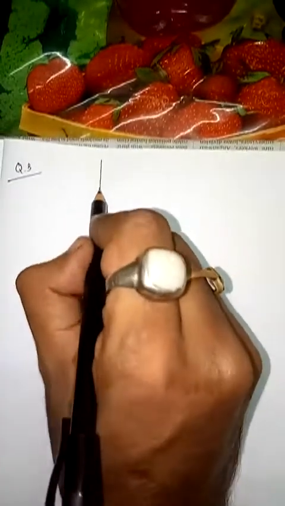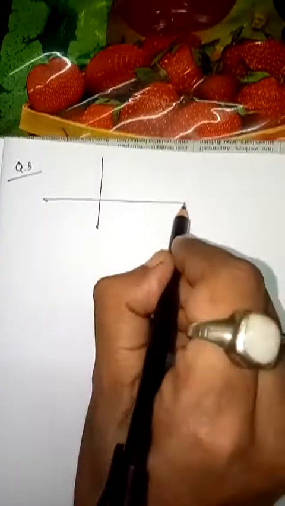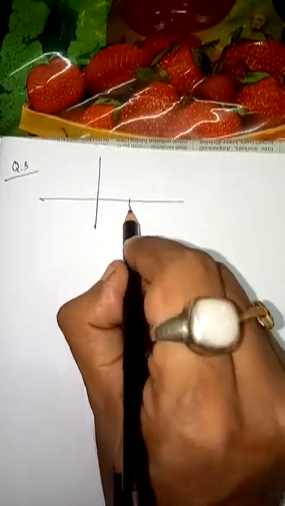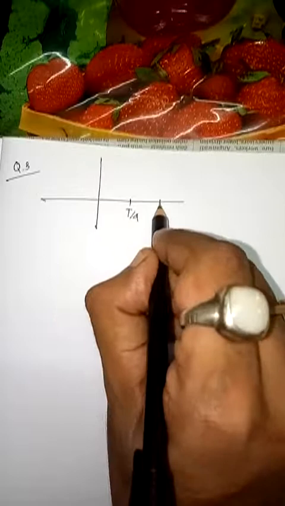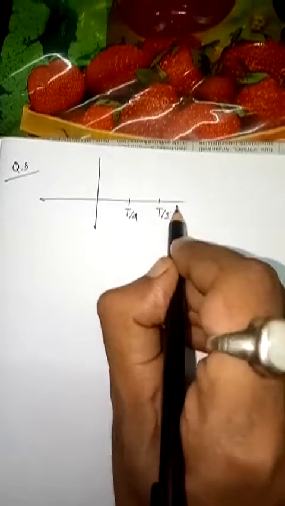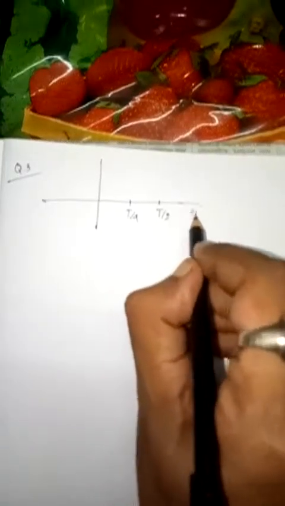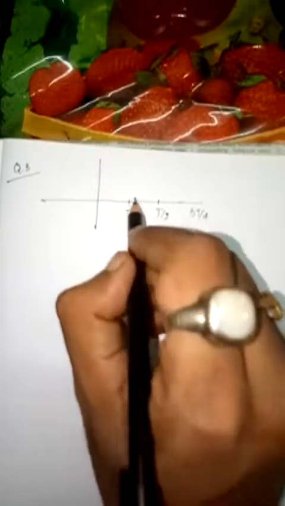Here another problem is given as question number 3. Here one basic waveform is given in this way, with points T by 4, T by 2, 3T by 4, and 0.